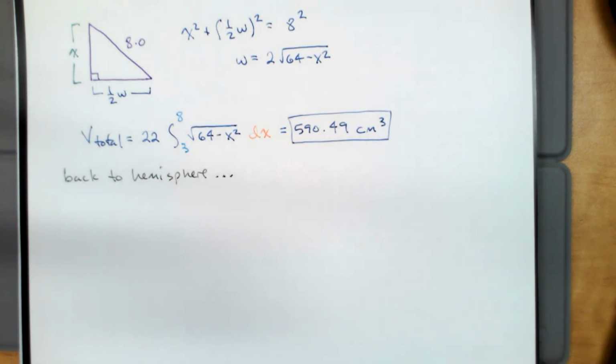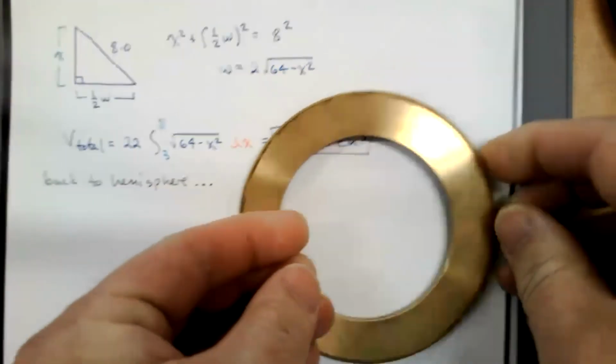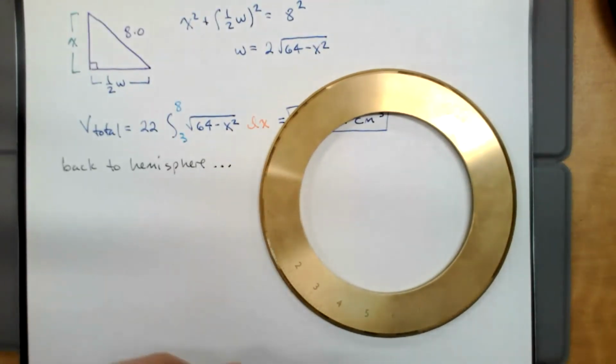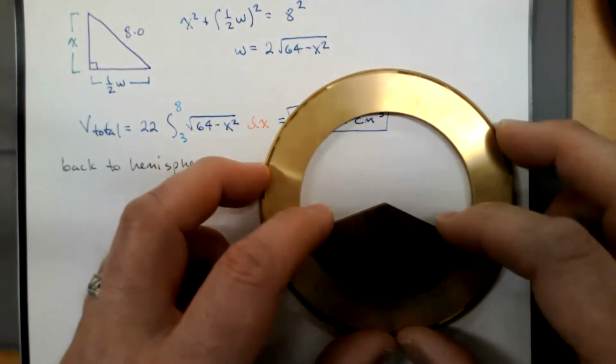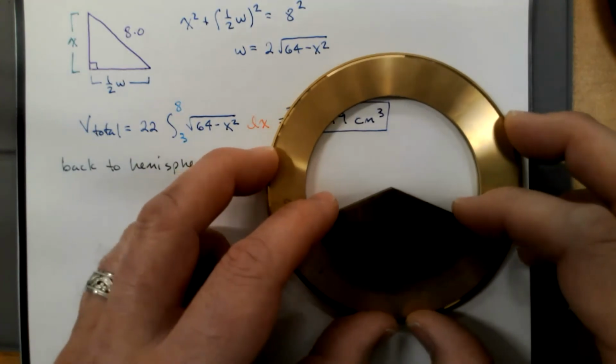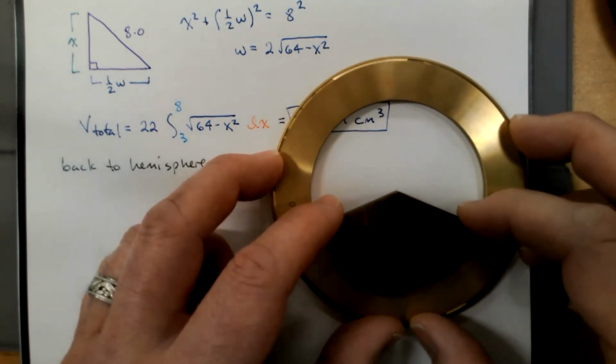Let's go back to our hemisphere, but label things differently. If you recall, I said that there are a few places that we could put the X that are reasonable.